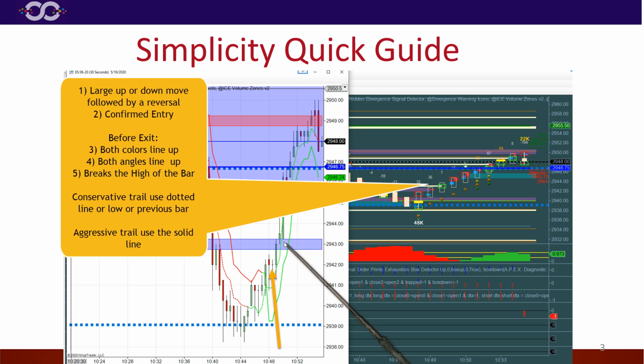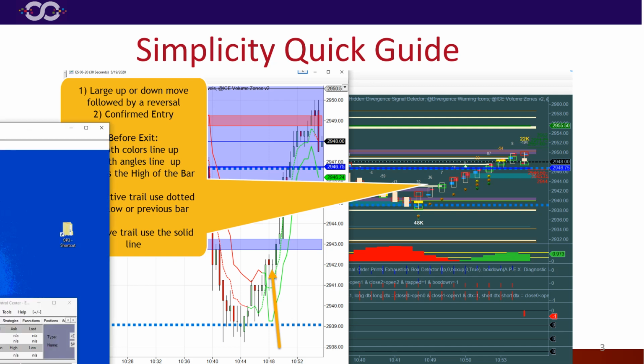So you can look at the Simplicity inside the room, and you can see the price where Simplicity's at, and it actually marks on the side here. Let me see, I'll show you. Where is the room? There we go.